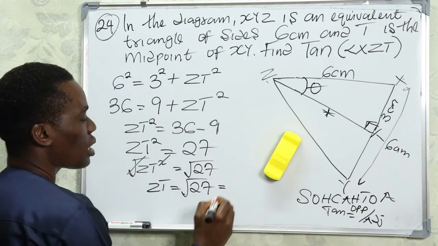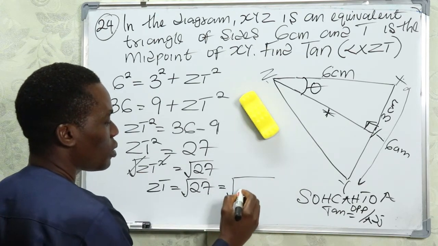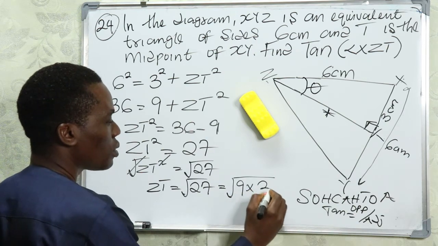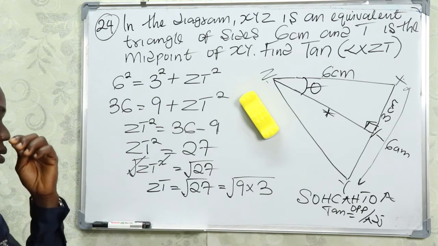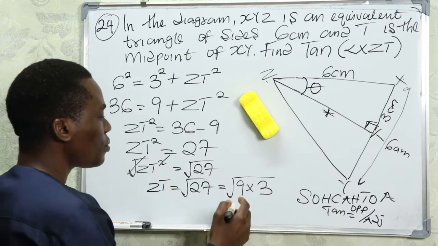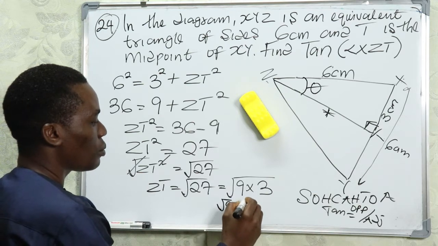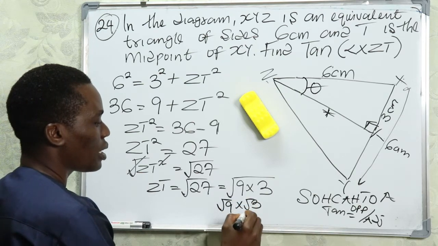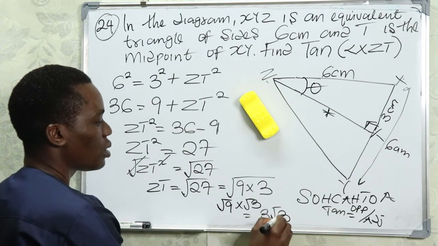And if we use our surd, the square root of 27 will give us the square root of 9 times 3, because 9 times 3 will give us 27. So this will give us the square root of 9 times the square root of 3. And that will give us 3 root 3.